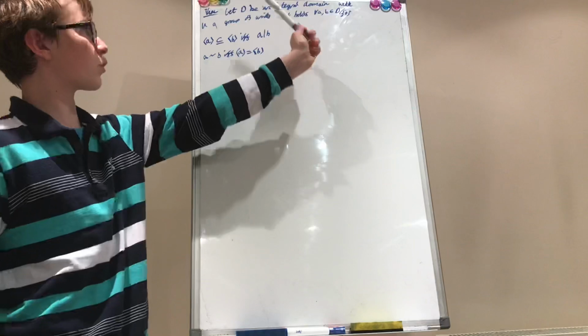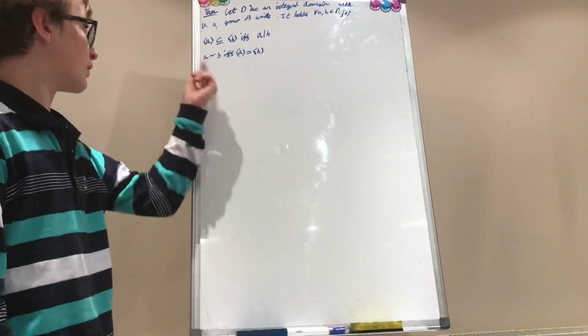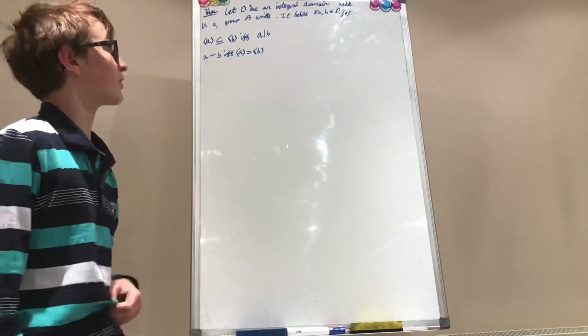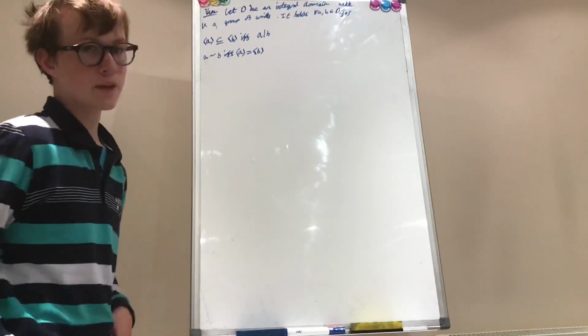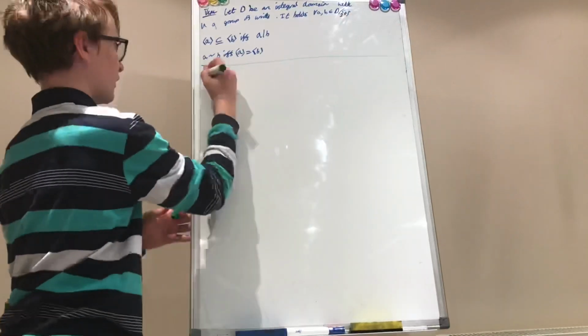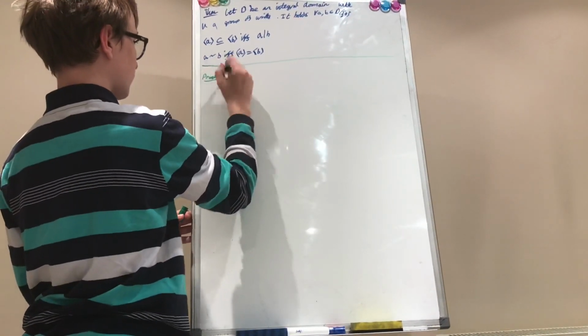It holds that for all A and B in the integral domain minus 0, the principal ideal generated by A is a subset of the principal ideal generated by B if and only if A divides B. So let's move on to proving that first. Proof of 1.